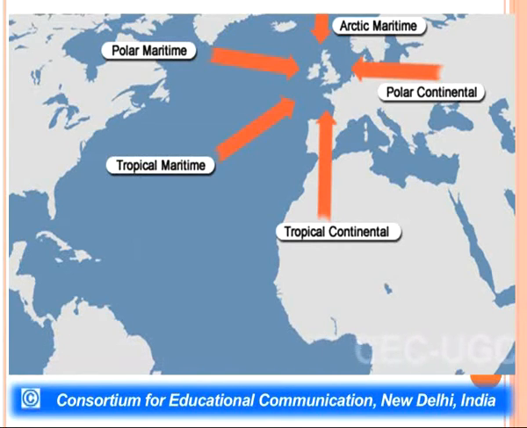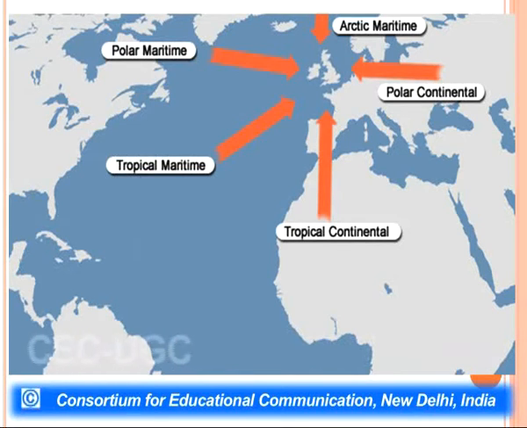And friends, let me tell you that the continental tropical air mass of Europe doesn't develop over the Europe continent. It develops over the northern part of Africa, that you can say over the Sahara desert.